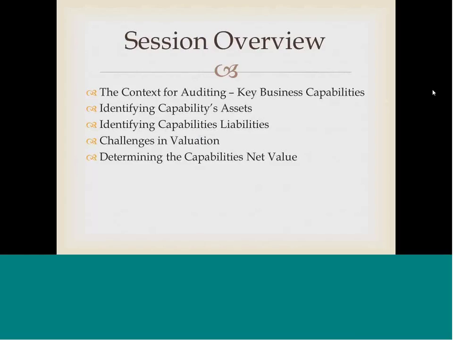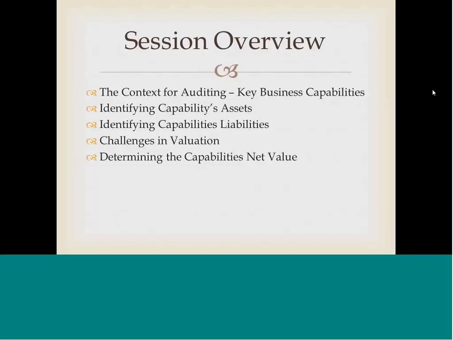So in this session, we're going to address the context for auditing in terms of what we call key business capabilities. We're going to identify the assets, the intellectual capital assets or the knowledge assets for some of those key capabilities. We'll also take a look at what the liabilities might be for some of those assets.